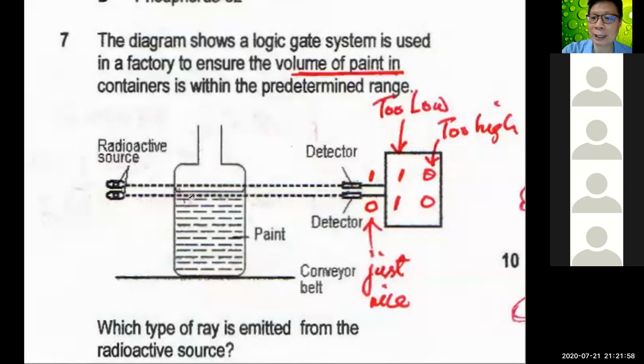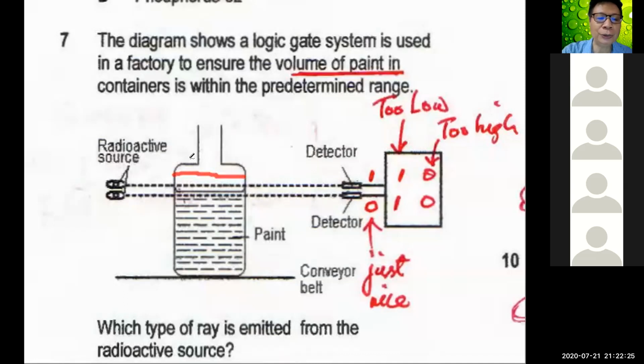We all must understand 0, 0 means too high because the paint is up here already. Both 0: this one is blocked and cannot go through, so 0. Here also 0 because the paint level is up to here. So this one is blocking, here blocking, so both 0, 0, too high. Understand 1, 0, 1, 1, 0, 0; all this they ask in the SPM question. Okay, now the question.